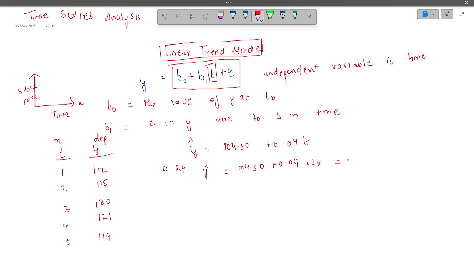So this is your linear trend model, right? The independent variable is time, and the dependent variable has a linear relationship with time.